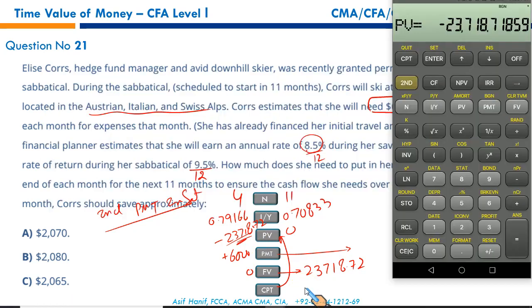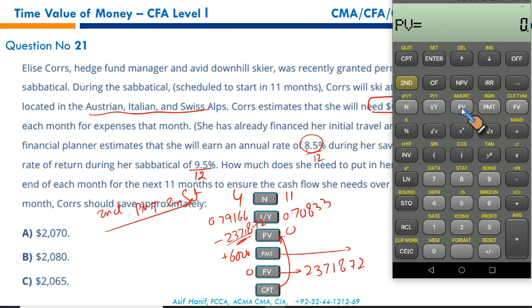So first we will need to convert our calculator into the end mode. Quit. 11 payments. Interest rate is 0.70833. Present value is 0.